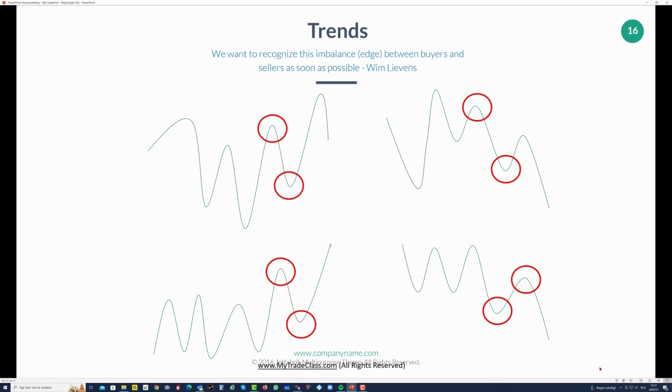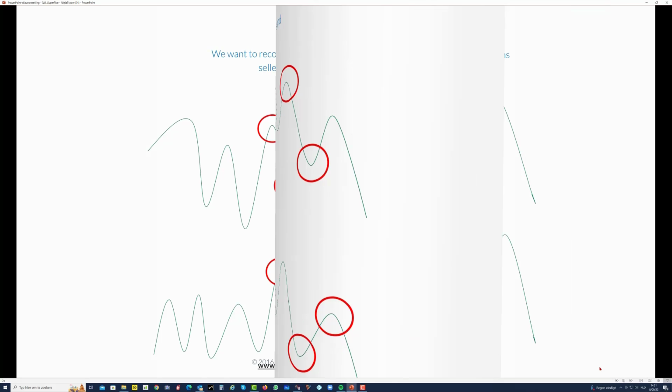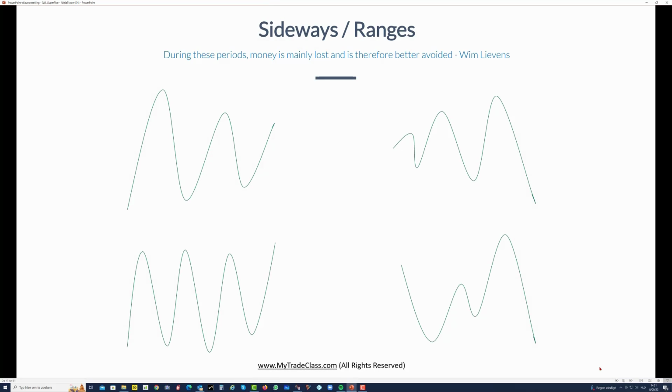The problem, of course, is this. Unfortunately, these sideways markets are there. Some people will say over 60%, some people will say 70%. I don't know the exact number. What I do know is that you have more than the 35% or 40% from the trend markets.